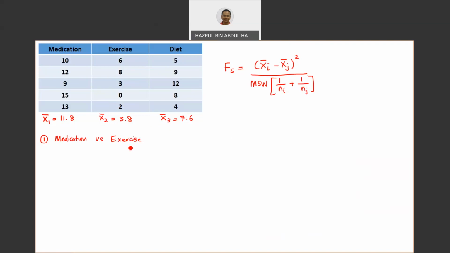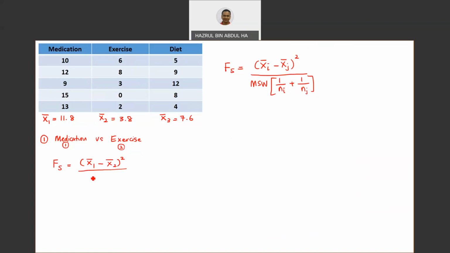Okay, so this is the first comparison between these three groups. This is for the first group, and this is for the second group. By using the formula, Fs is equal to x bar 1, for the first group, minus x bar 2, for the second group, squared, divided by MSW.